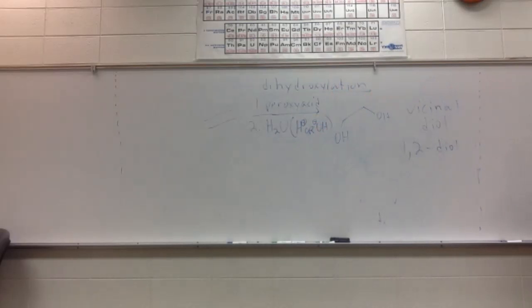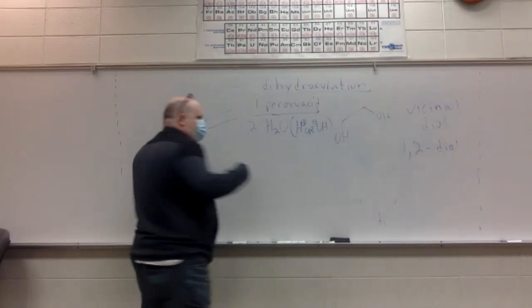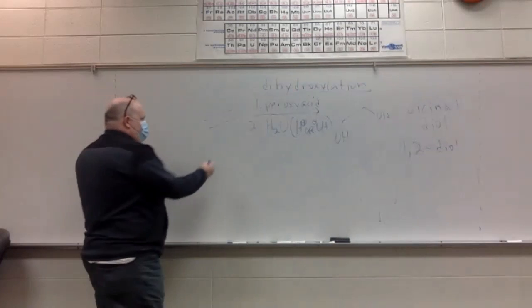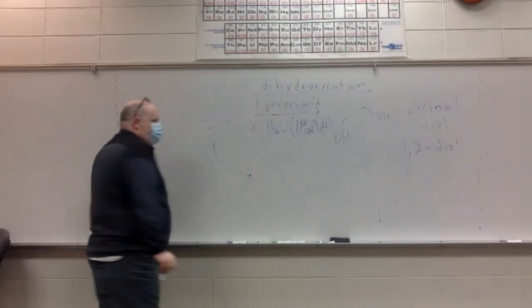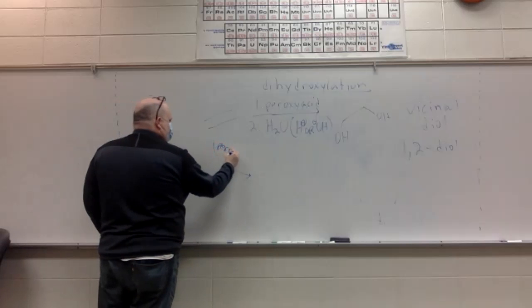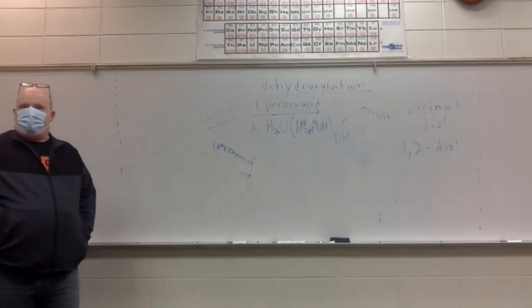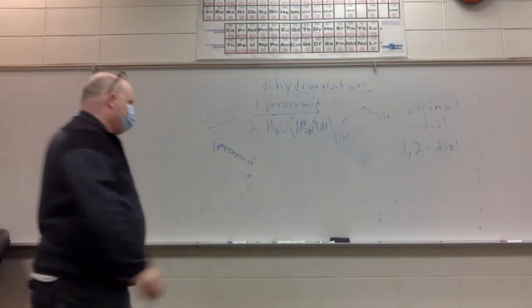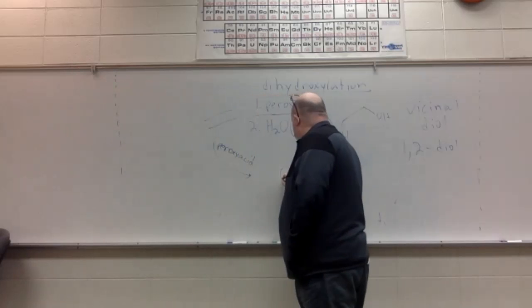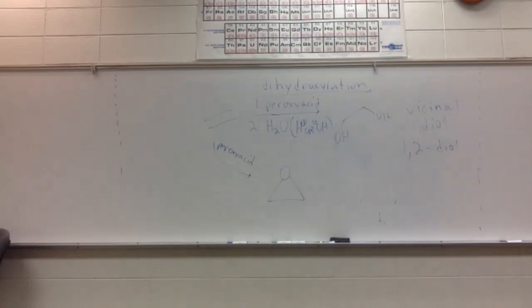All right. So let's take this a little further. Let's see how this occurs. If we add a peroxy acid to this, we know we get an epoxide. So we can draw our epoxide. We didn't make any stereogenic centers, so we don't have to worry about stereoisomers.